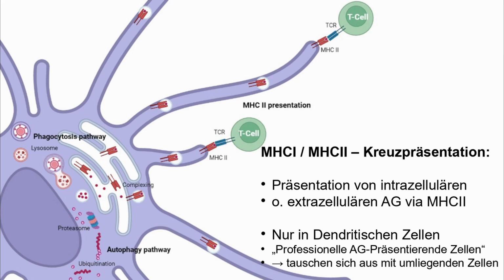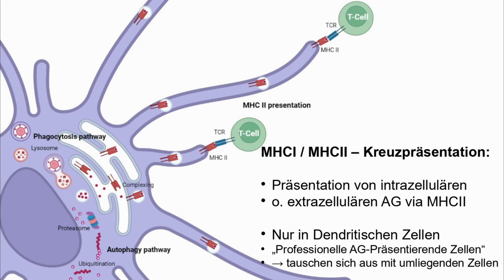Through their long outgrowths, they can take up antigens from neighboring cells or from the lymph fluid and then present them. They have the special ability to present both extracellular and intracellular antigens to the outside by means of MHC2 molecules. These so-called professional antigen-presenting cells are therefore another central component of our immune system.